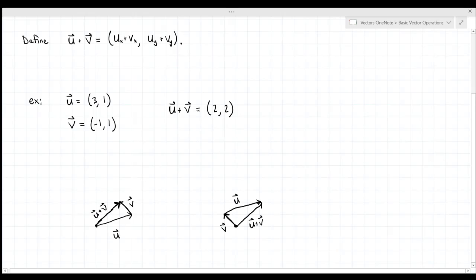What this shows is the fact that you can start with u and then v, or v and then u. So that's showing us that u plus v is actually the same as v plus u.